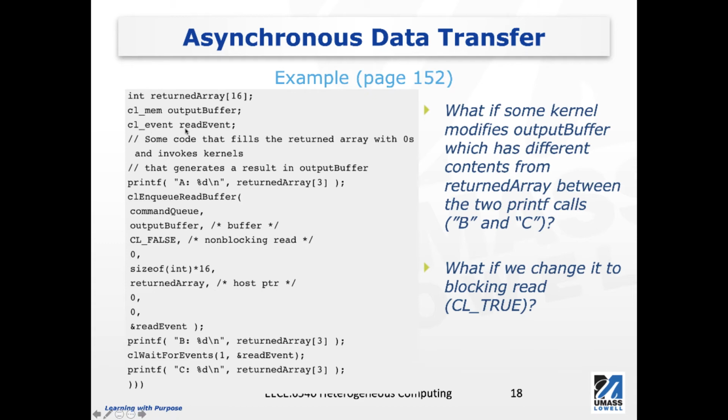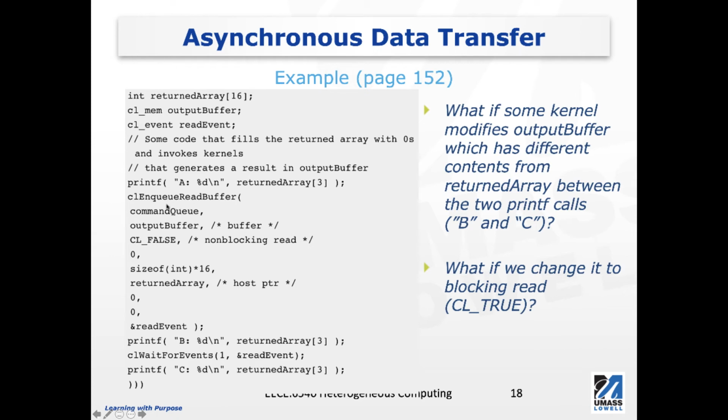So between this declaration of the read event and this printf, we assume that there's some other code that will invoke the kernel, and it will generate the result into the output buffer. Also, we assume that this return array is filled with all zeros. So when we get to this point, this printf will print out the values in the return array at index number 3. Because we initialize with all zeros, we expect to see a 0 printed here.